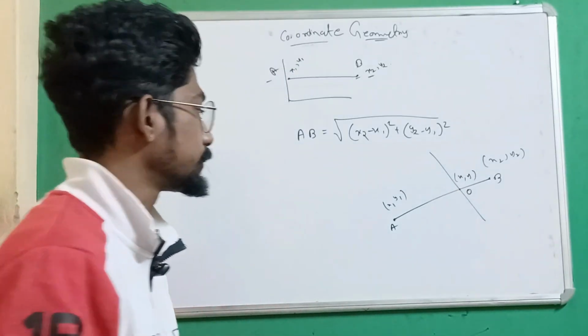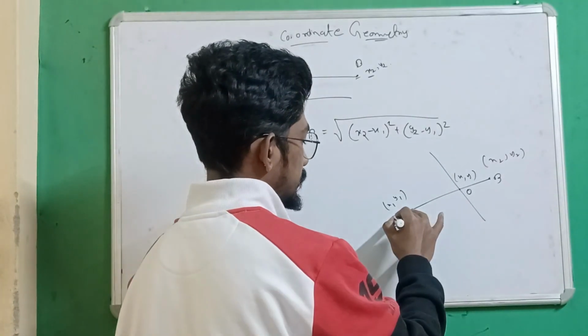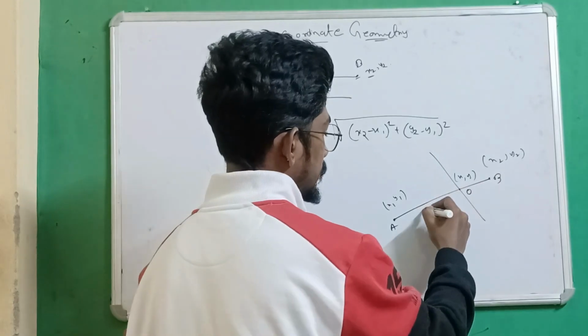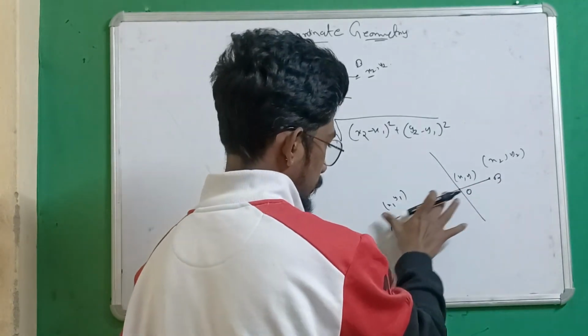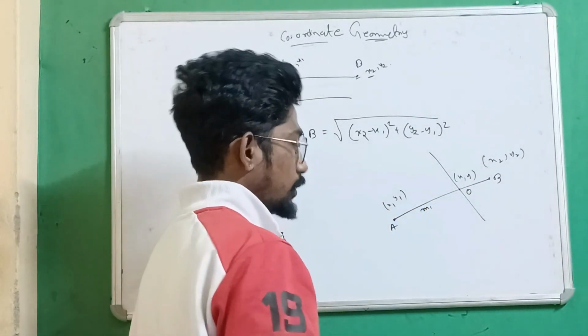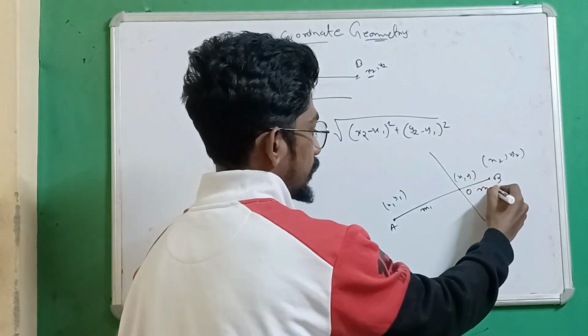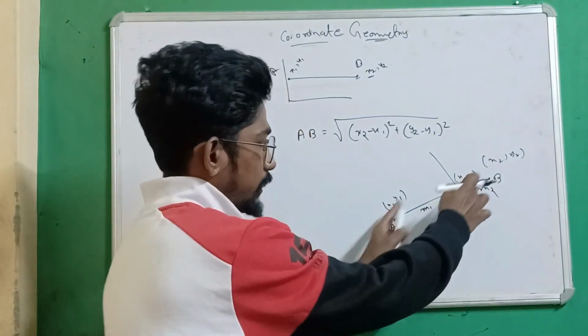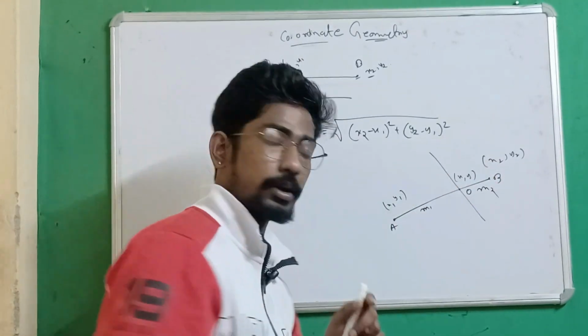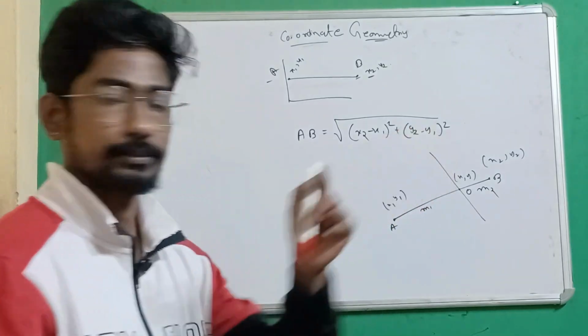First of all, you need to understand the ratio where it is cut, m1 is to m2, which is given. This is the m1 part, this is the m2 part. The total length of the line is m1 plus m2.